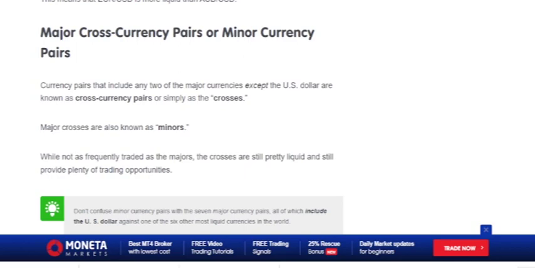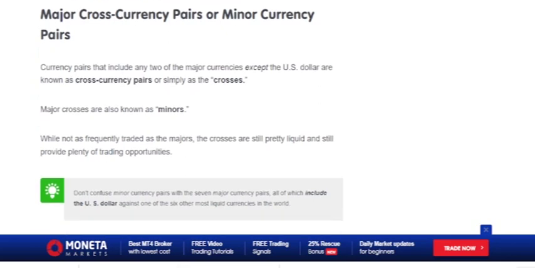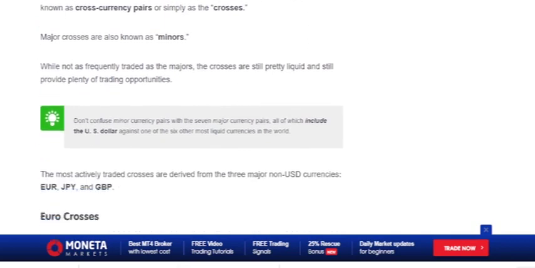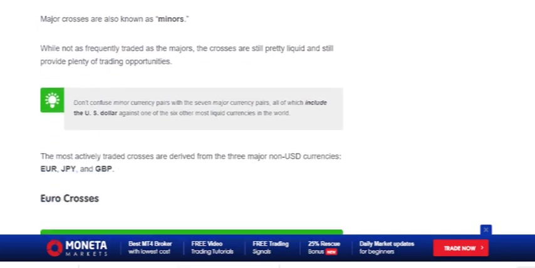While not as frequently traded as the majors, the crosses are still pretty liquid and still provide plenty of trading opportunities. So that's a disclaimer: don't confuse minor currency pairs with the 7 major currency pairs, all of which include the US dollar against one of the 6 other most liquid currencies in the world.